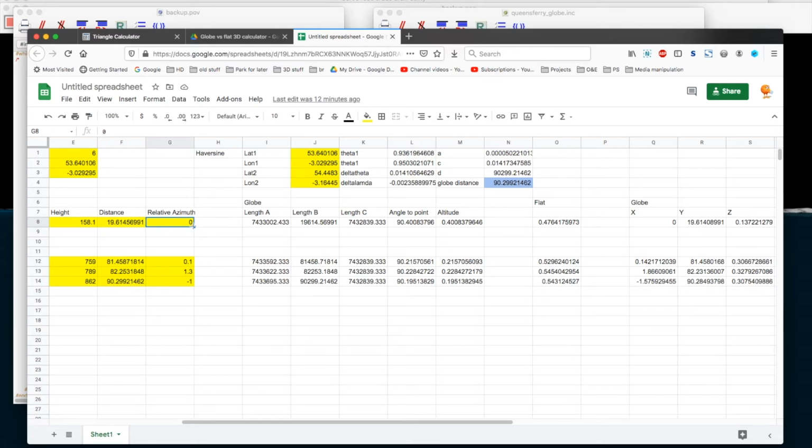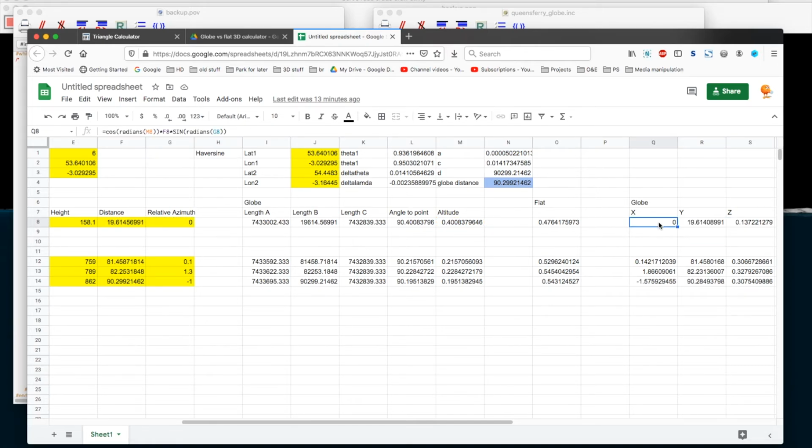I have my horizontal angle, which is represented by the relative azimuth, and I have the vertical altitude that represents the angle up. The first thing I do is I use cosine of my altitude multiplied by the distance, and then I multiply that further by the sine of my relative azimuth.